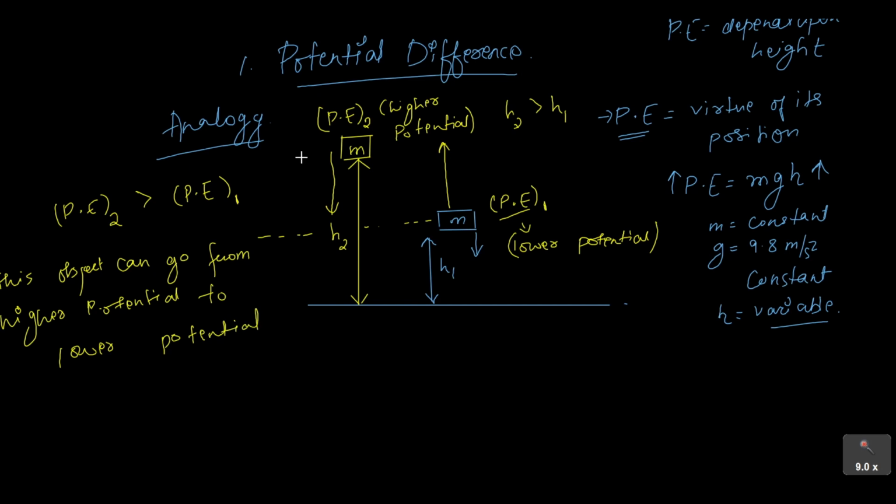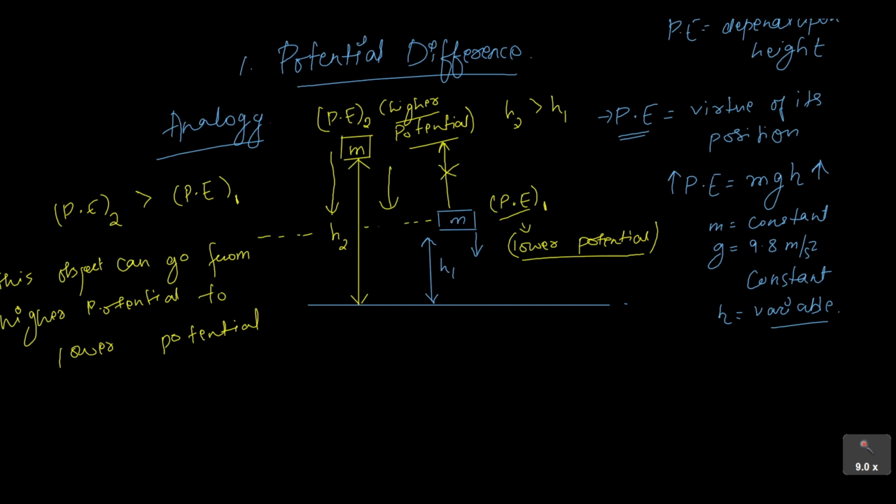Higher potential, because this is higher, so it can go here. But this is not possible; this can never go up. So this object will never go from lower potential to higher potential, but definitely it goes from higher potential to lower potential.